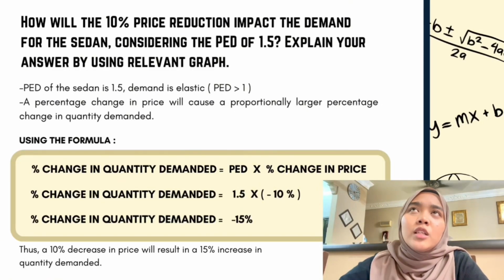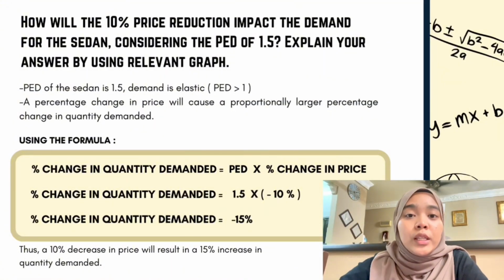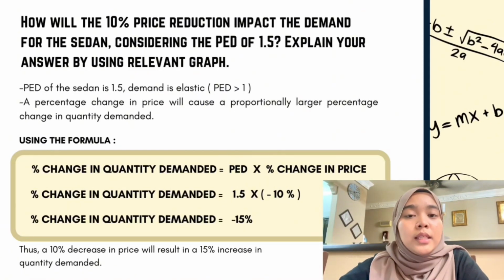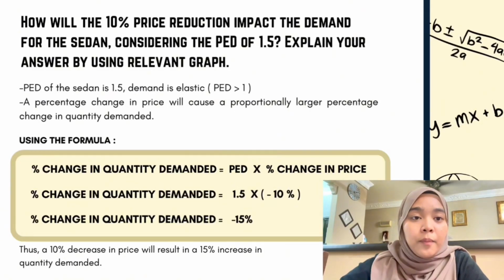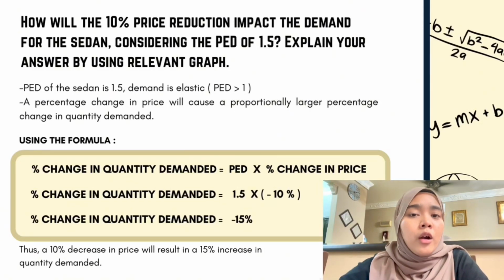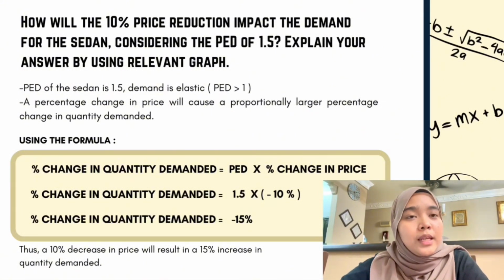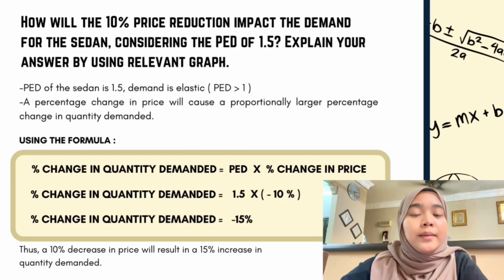Because the price reduction is 10%. So the answer for the percentage change in quantity demanded is 15%. Therefore, the 10% decrease in price will result in a 15% increase in quantity demanded.